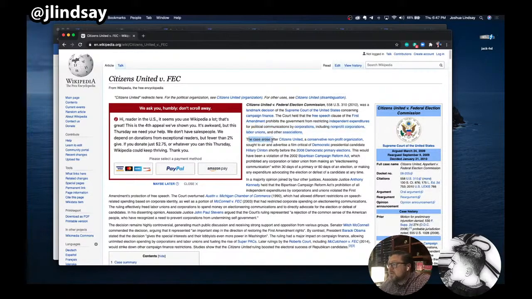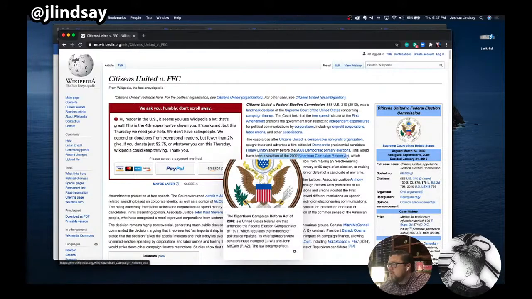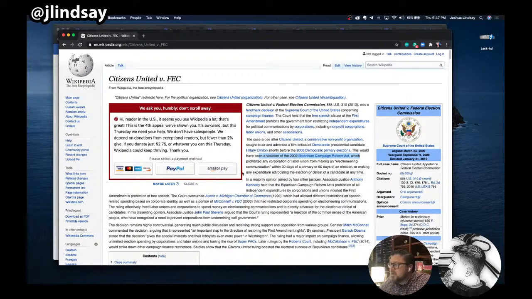The case arose after Citizens United, a conservative nonprofit organization, sought to air and advertise a film critical of the Democratic presidential candidate Hillary Clinton shortly before the 2008 Democratic primaries. This would have been a violation of the 2002 Bipartisan Campaign Reform Act, which blah, blah, blah.